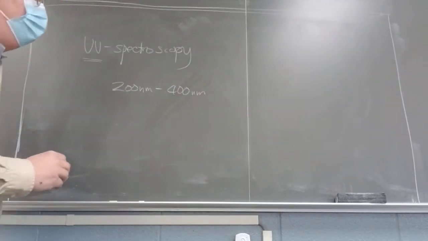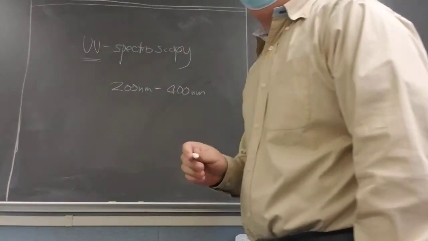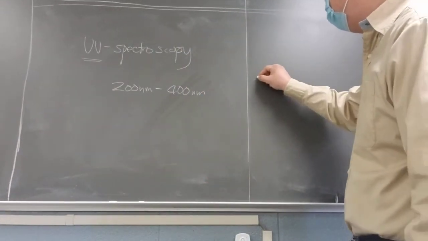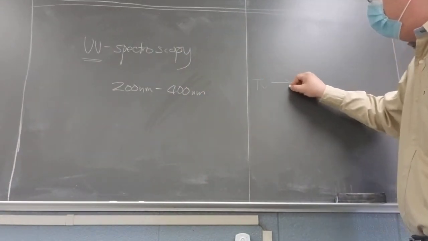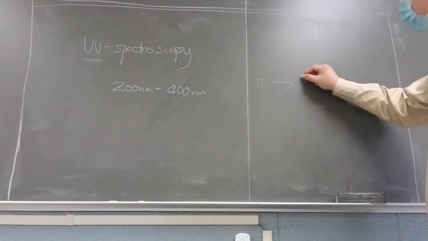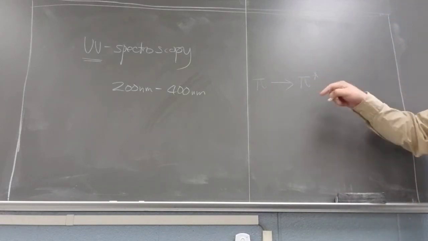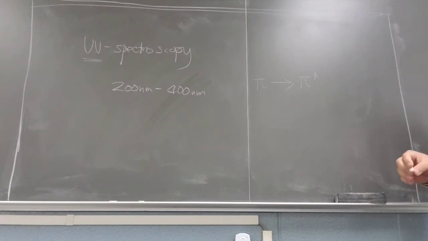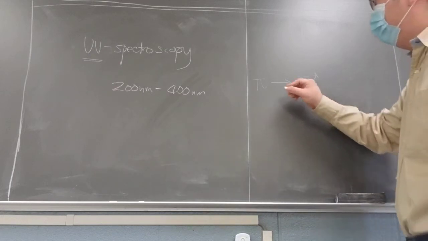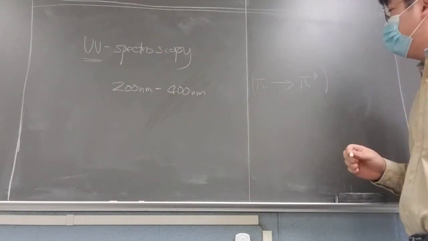So basically, if you have some conjugated pi electrons in here, we're going to excite them to a higher energy level with the UV light. If you expose it to UV irradiation, this type of excitation happens.